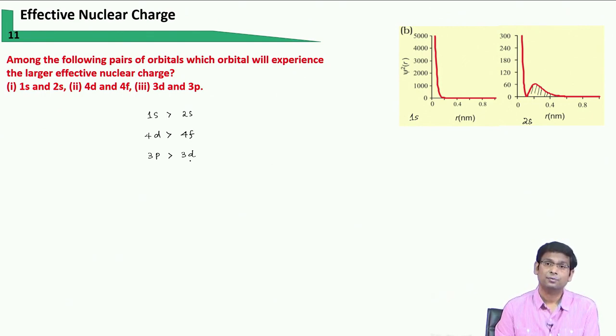Now, in this case we kept the nuclear charge the same and compared different orbitals. But suppose aluminum and silicon both have valence electrons in 3p. Which electron will experience more nuclear charge, the one in aluminum or in silicon? In that case, you have to pay attention to the number of positive charges in the aluminum and silicon nuclei.